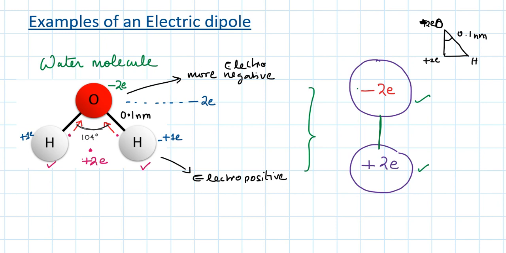This angle would be exactly 52 degrees and this length will be 0.1 nanometer cos 52 degrees.